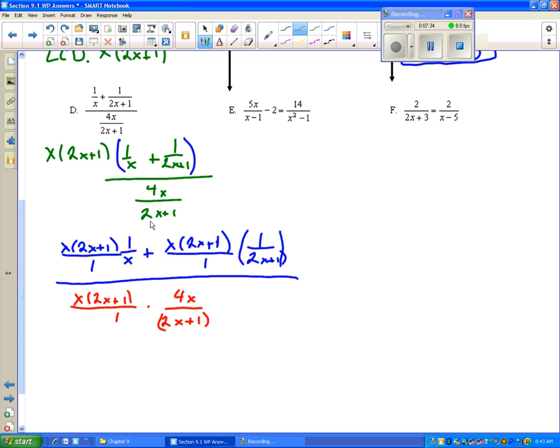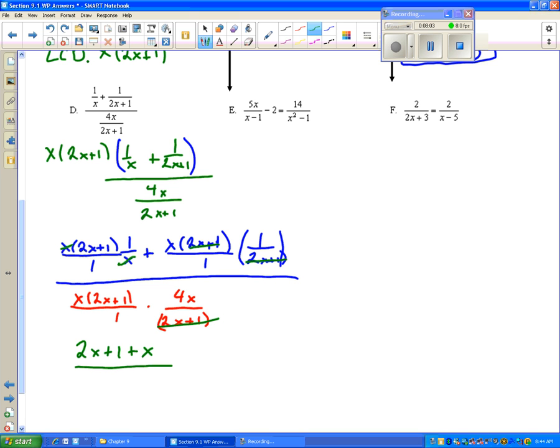That's this denominator here. In this term, these are factors, so my x's cancel, which leaves me 2x plus 1 times 1 over 1. So that's going to be 2x plus 1. Here, the 2x plus 1's cancel, leaving x times 1 over 1, which is plus x.